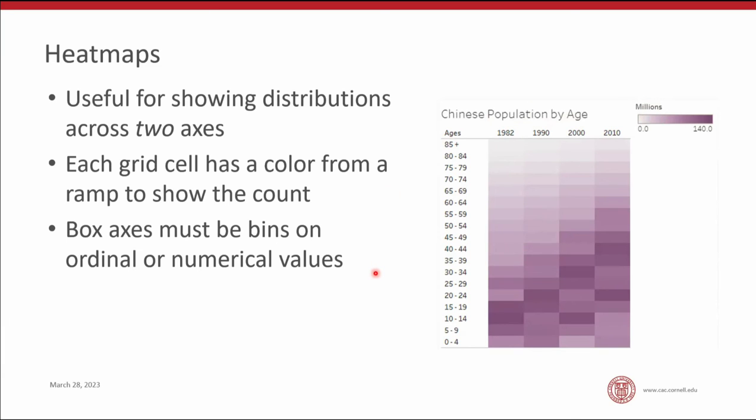So, this works if your axes are ordinal or numerical values, not categorical values, because there's an implied ordering in both of these cases. In addition to showing the color, by the way, you can see here this horizontal band, there was a population surge, and as you move 10 years and 10 years down the line, you can see that working its way through the data here. So there's some visual information that you can glean from this.